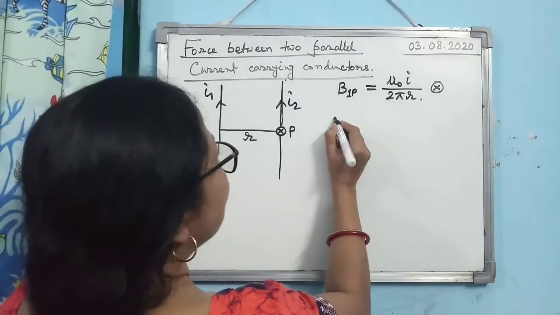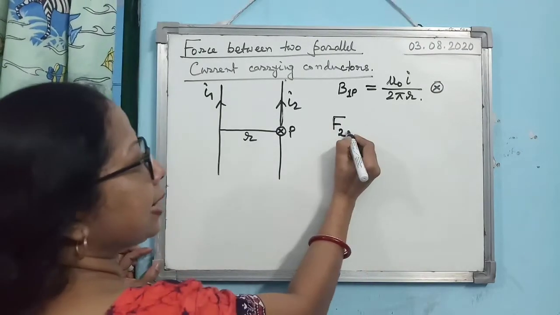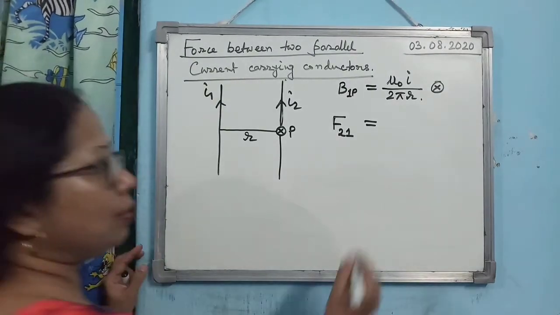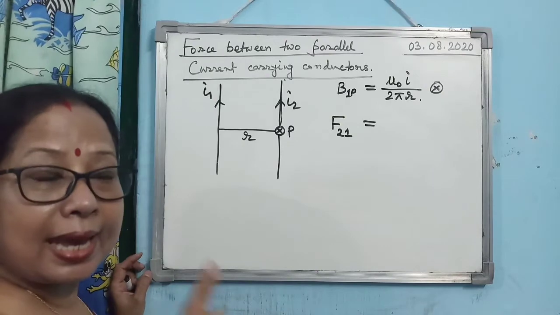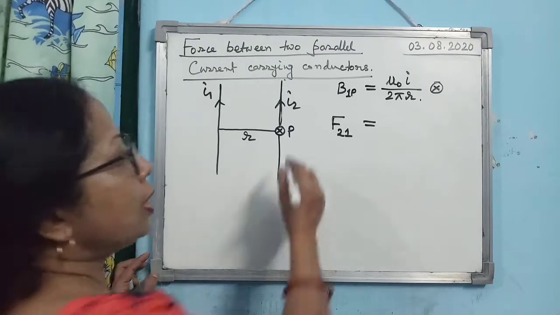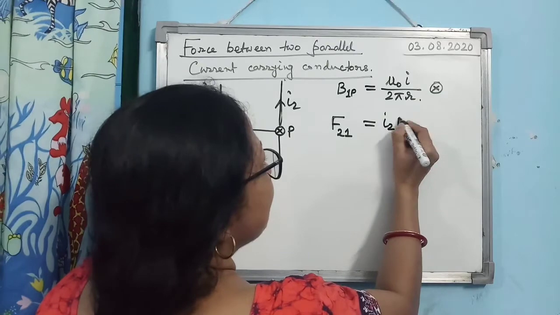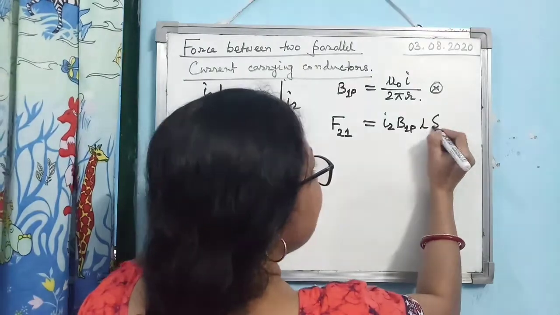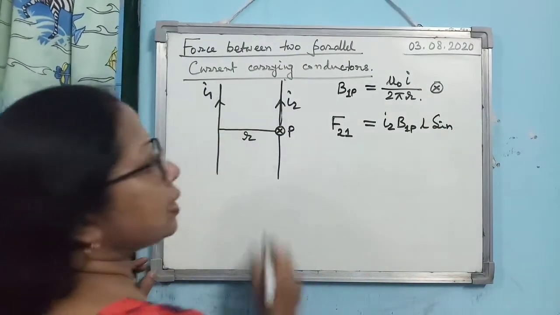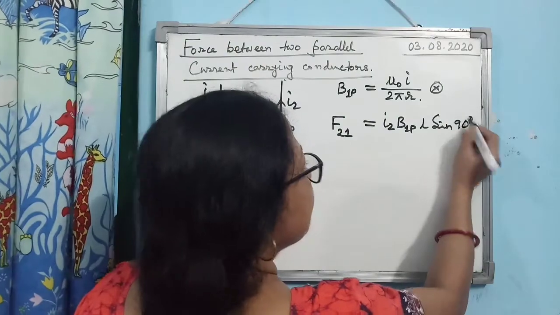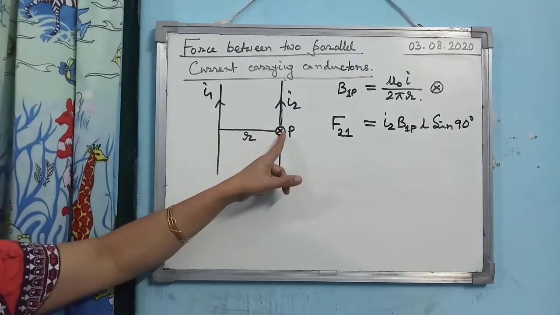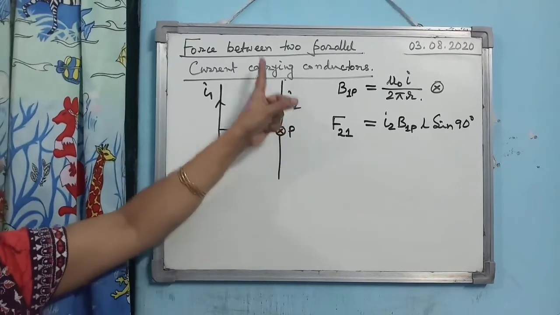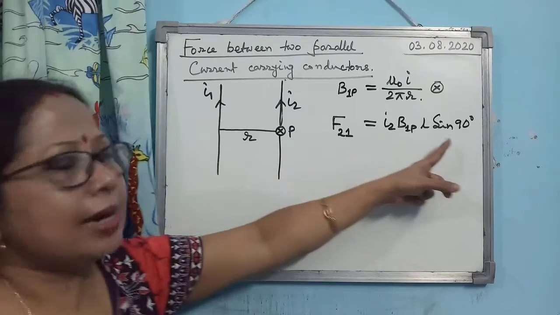So what will be the force experienced by the second conductor due to the first conductor? It will be I B L sine theta. So it will be I2, then B1P, the magnetic field where you are keeping, into L into sine theta. What is sine theta here? Sine 90 degrees. The magnetic field is in the perpendicularly inward direction, and the current is in this direction, so the angle between them is 90 degrees.